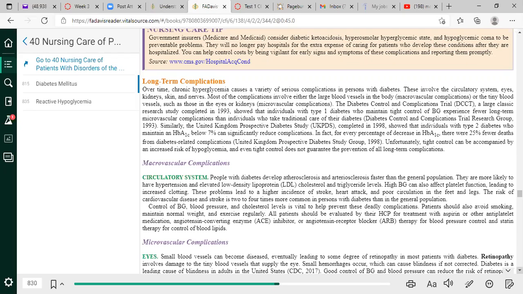It's talking about the macrovascular complications that affect some of the bigger systems. These problems lead to a higher incidence of stroke, heart attack, and poor circulation in the feet and the legs. So macrovascular complications are complications of the circulatory system, and they're talking about how it leads to poor circulation in feet and legs.